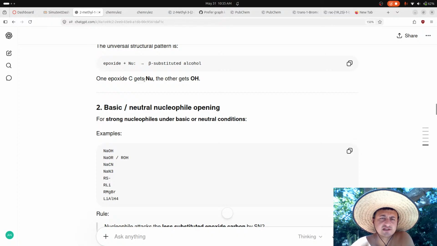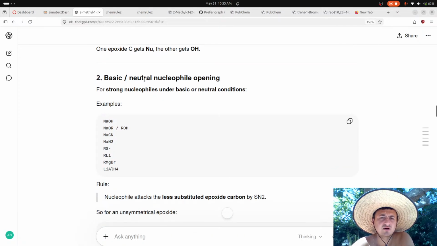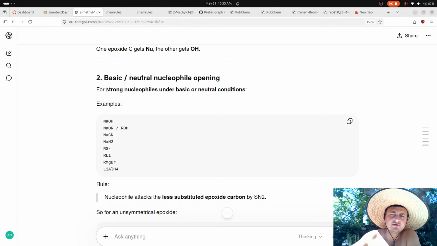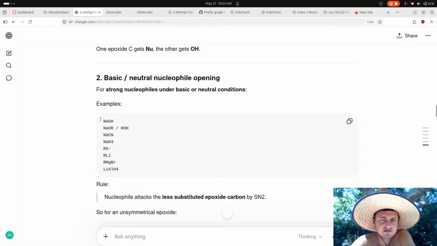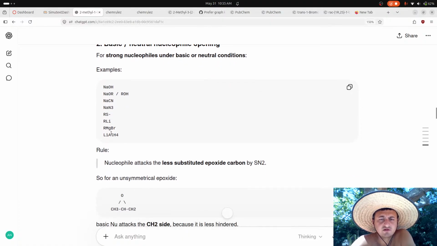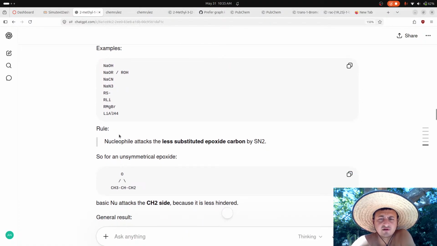One epoxide C gets the nucleophile, the other one gets hydroxide. Basic neutral nucleophile opening. For strong nucleophiles under basic or neutral conditions, the nucleophile attacks the less substituted carbon by SN2.